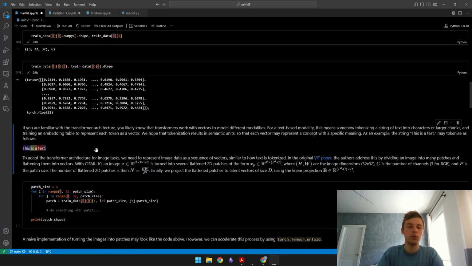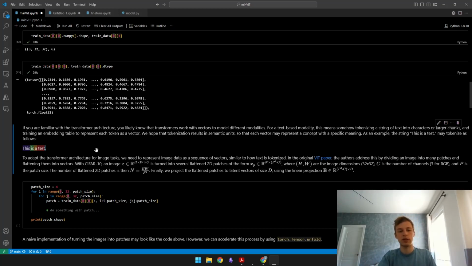Now, the first problem we run into when we're looking at transformer architectures is that the input and the output are both vectors of quite large dimension. The question is, how do we transform our data into vectors so that the transformer can compute meaningful tasks with these vectors?